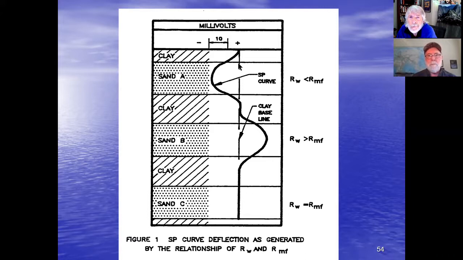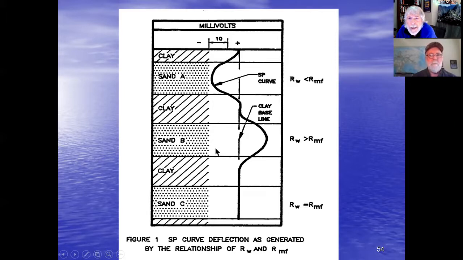However, the SP relates to the resistivity of the water in the formation versus the mud filtrate from the driller. As we log up here in sand C, there's no deflection off the baseline. We knew this was a sand because of the gamma ray, but that's telling us the resistivity of the formation water equals the mud filtrate.